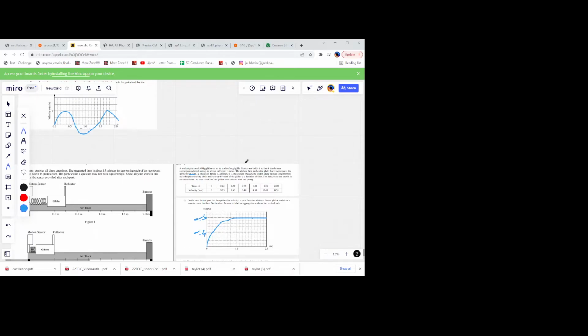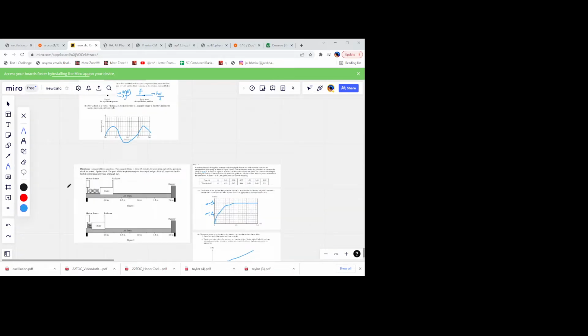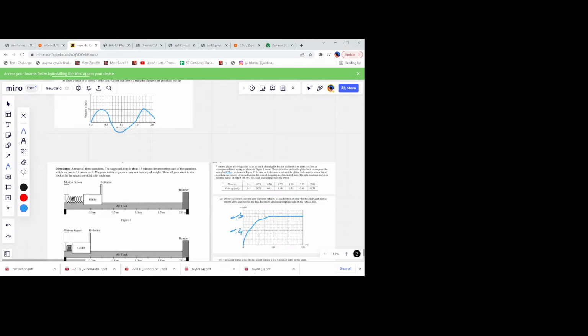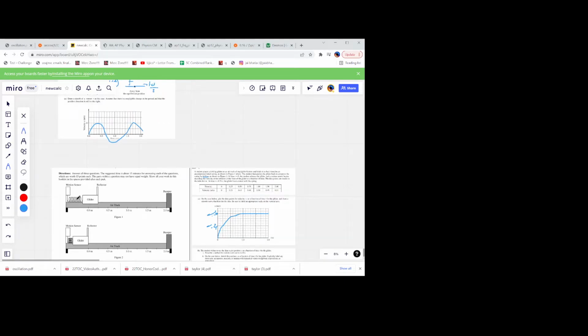Okay, so it compresses back 0.25. Normally it's where? Okay, so it touches an uncompressed ideal spring. The uncompressed ideal spring gets stretched back 0.25 meters. Then at t equals 0.79, it shouldn't return to equilibrium length, should it? It should go x forward from equilibrium length, if I had to guess.